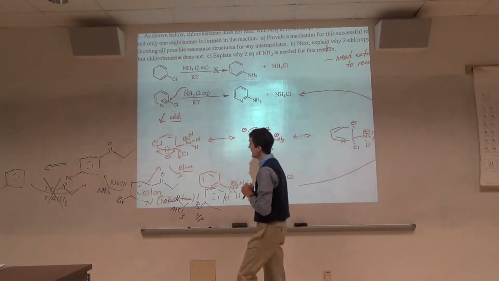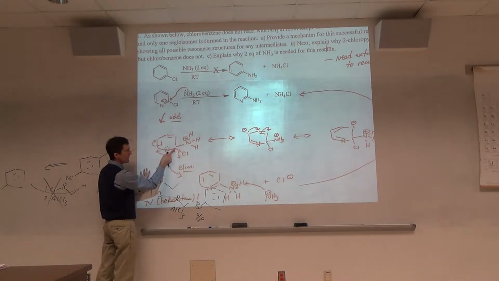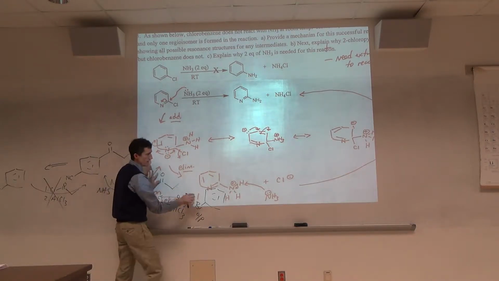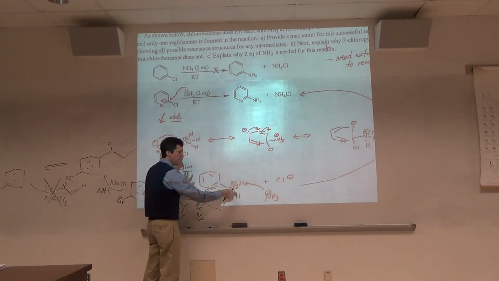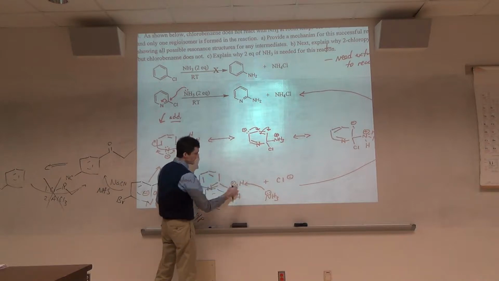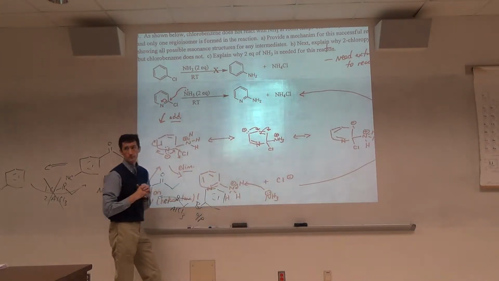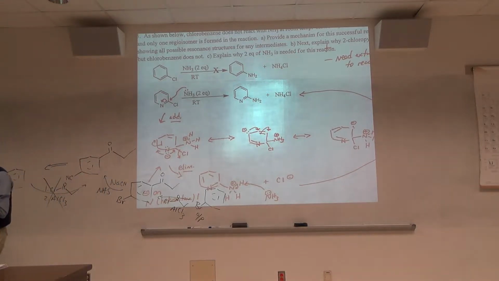And then from there, I did an elimination using these arrows, electrons back in, reform the pi bond, kick off the chlorine. That would give this. You have to go neutral. I used a second equivalent of ammonia to take the H to get product plus ammonium chloride. So I did an NAS.